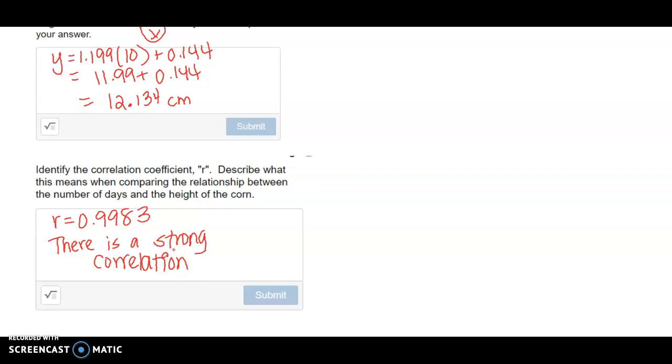And just as a reminder, if it's close to 1 or -1, so if it was negative 0.9983, it would also be a strong correlation.